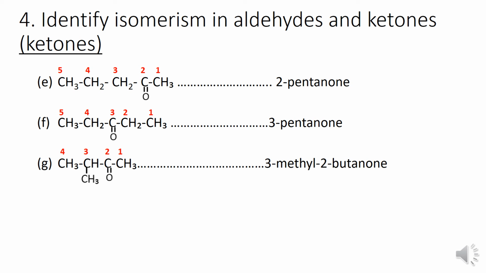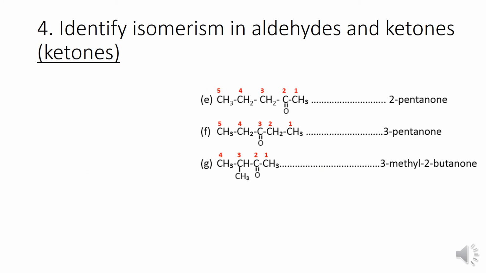Now let us classify these isomers. To classify these isomers, let's examine E and F well. What's the difference between them? What is the similarity between them? Both of them have the same main chain that consists of 5 carbon atoms, but the functional group of E is on the second carbon, and the functional group in F is on the third one.